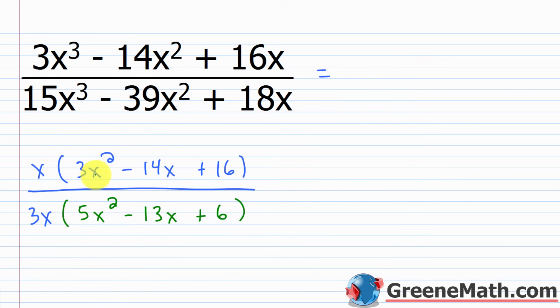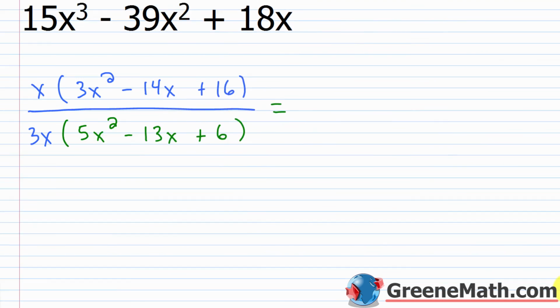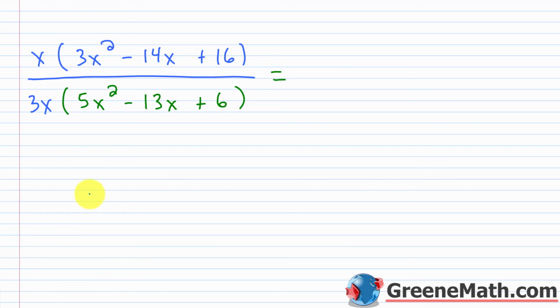Now what I'm going to do is factor each of those into the product of two binomials. So in the numerator, I have 3x squared minus 14x plus 16. I'm going to factor this using factoring by grouping. I want two integers whose product is 3 times 16, which is 48, and whose sum is negative 14.